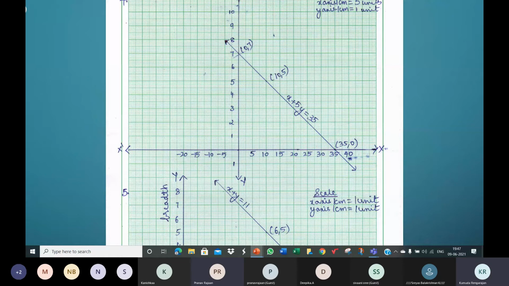No, my question is different. Ma'am, can you share the question once again? I said how to find. We are actually trying to find the x and y intercept algebraically. Ma'am, x plus 5y is equal to 35. That's the equation.